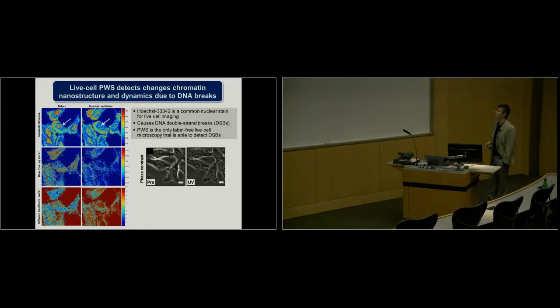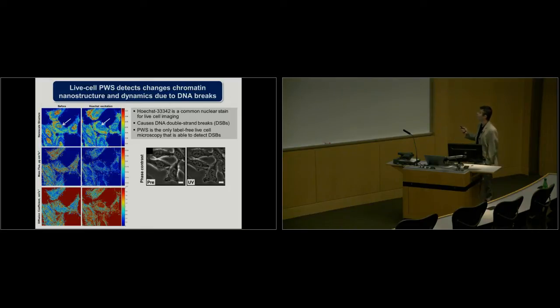One illustrative example, I guess. In this case, you started with the HeLa cells, labeled them with Hoechst dye, which is a very popularly used dye for live cell imaging, and then you activate the dye, and let's see what happens.